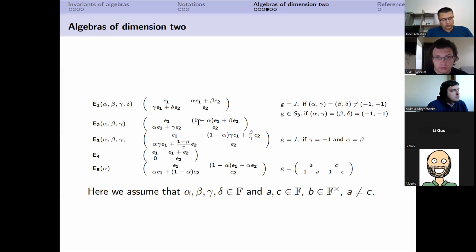Yes, here's the table of multiplication. We have alpha, beta, gamma, and delta all equal to -1. So it means E1 squared is equal to E1, E2 squared is equal to E2, and E1 by E2, equal to E2 by E1, is equal to minus E1 minus E2. So it's commutative, but it's not associative. And it has several idempotents.